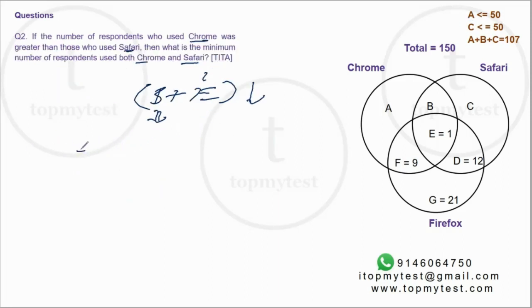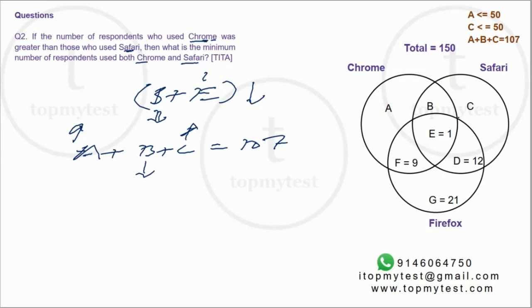Now, so I know A plus B plus C is 107. So to minimize B, I need to maximize A and C. Now ideally it should have been 50 and 50, but there is an additional criteria here. Chrome was greater than Safari.